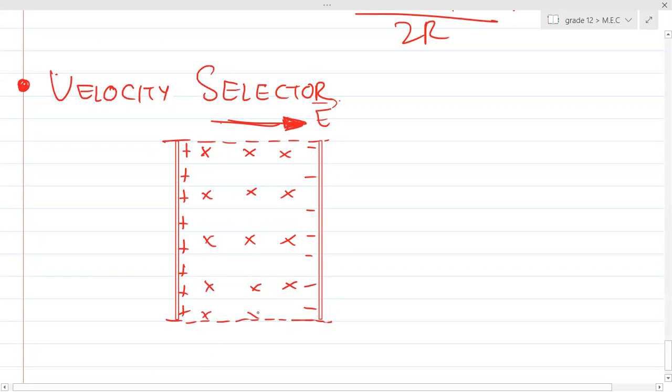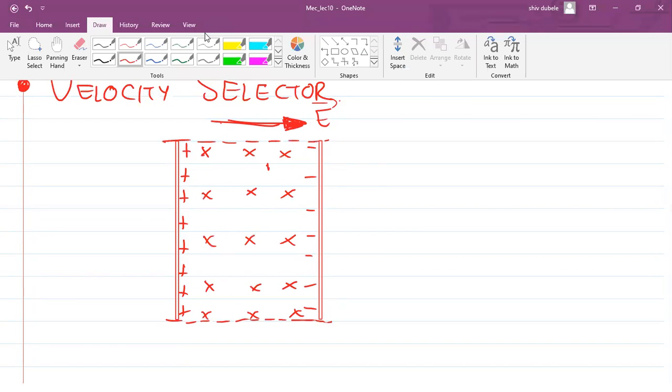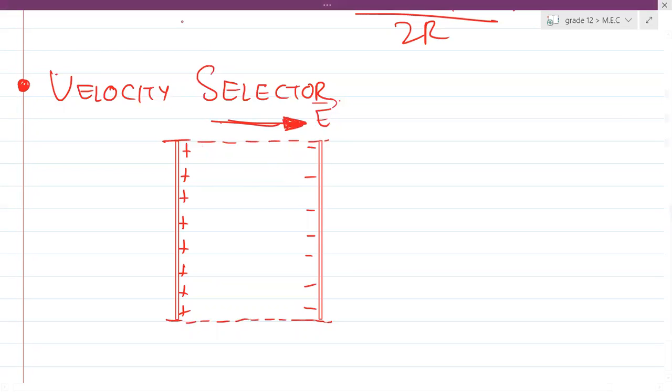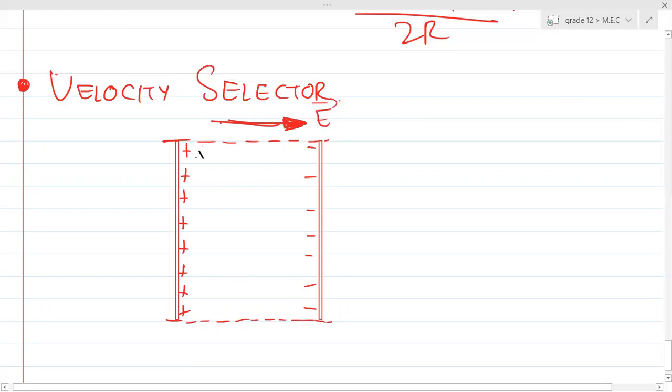So everyone can see the magnetic field. Inside the region, I have created a magnetic field like this.